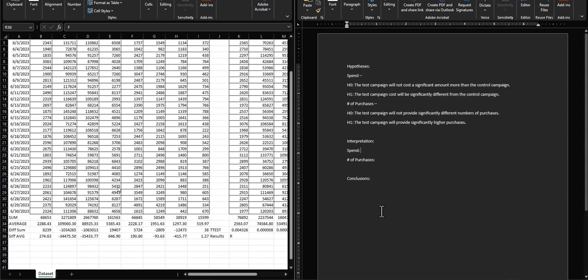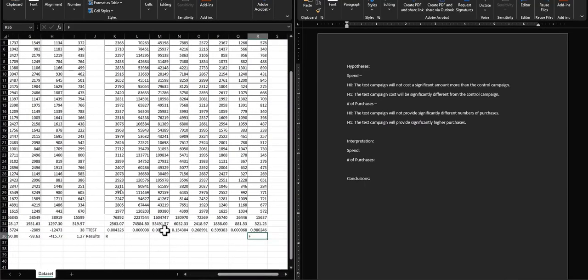So then I look at my interpretation. My interpretation of the results here is that the spending is significantly different. So I would probably put my interpretation in two parts. My first part would be whether or not we reject or fail to reject the null hypothesis. So I'll say reject the null hypothesis.